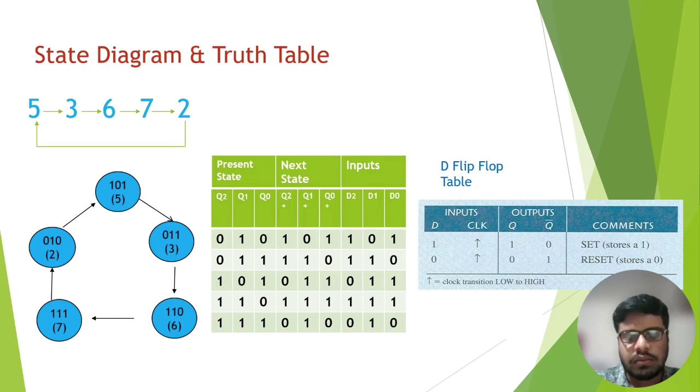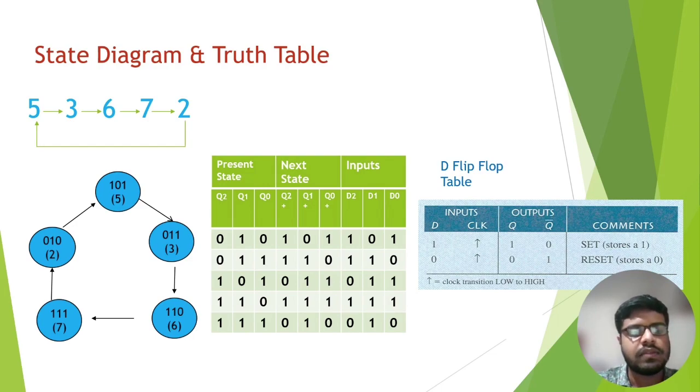With this counter we will use D flip-flop, and this is the truth table of the D flip-flop, and this is the state diagram and truth table of the counter. Here we can see our counter will be counting 5, then 3, then 6, then 7, then 2, and later on it will come back again, starting with 5.